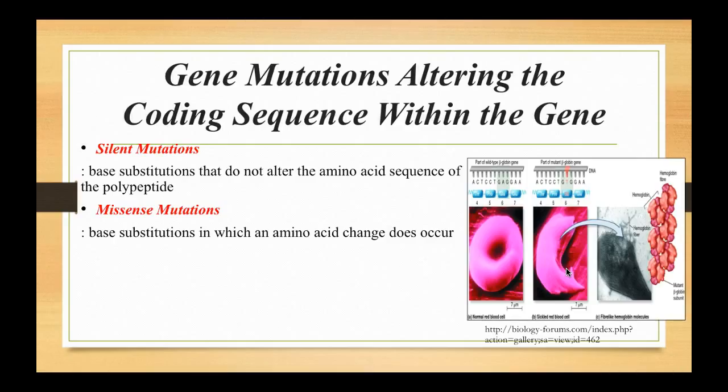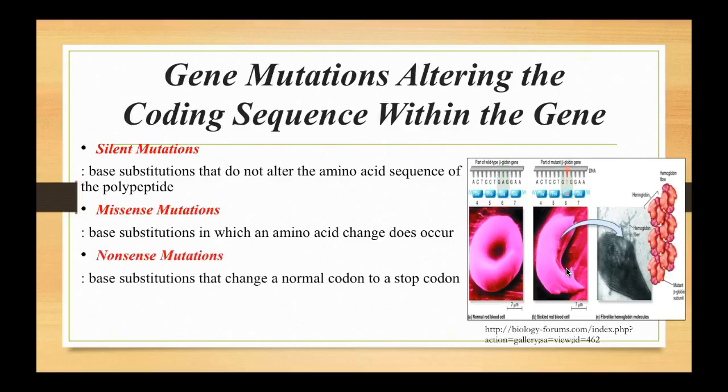There will be a malfunction in the blood vessels for transporting oxygen. Therefore, the human body will have a lack of oxygen, causing sickle cell anemia. So sickle cell anemia is a great example of missense mutation.